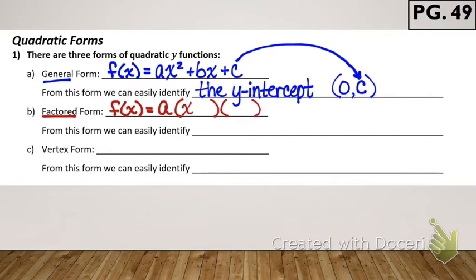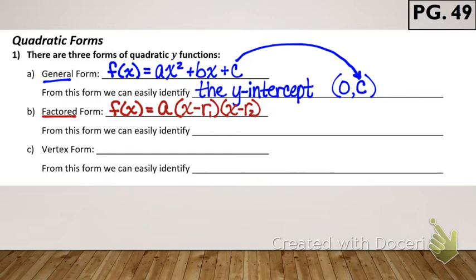We have x minus r1, x minus r2. I'm using the r's there to mean roots, because that's a synonym for x-intercepts. And I have them labeled 1 and 2 because it's usually two different places, two different numbers. So root 1 and root 2.